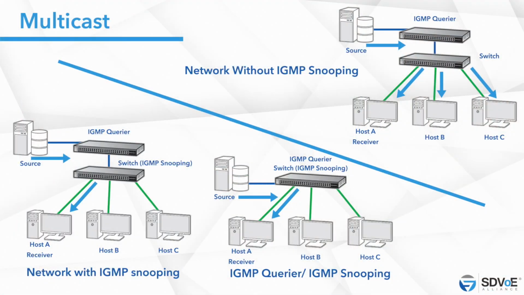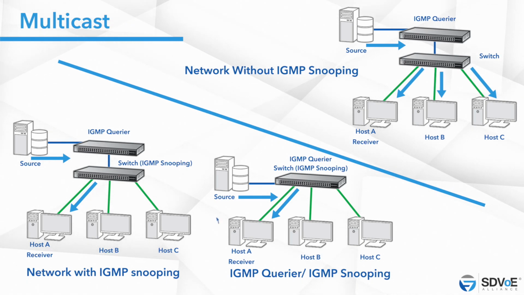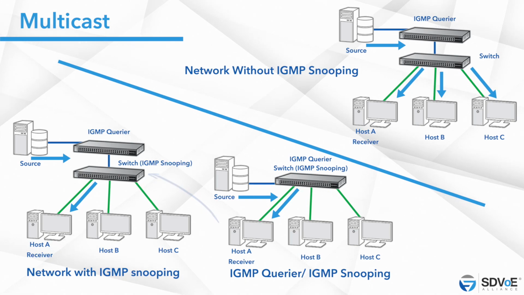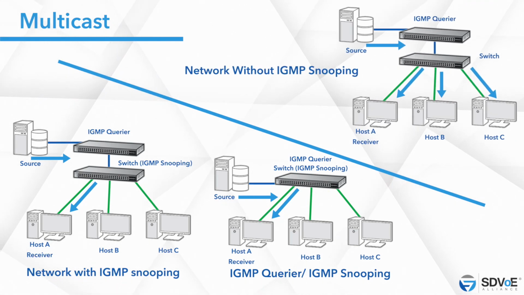So what does it take on a network to carry multicast? Well, you need to have an IGMP querier. That's one function that you need on the network. And the second thing is the IGMP snooping. If you only have a network with an IGMP querier, your multicast is turning into broadcast. So each single member of the VLAN domain will get that multicast.